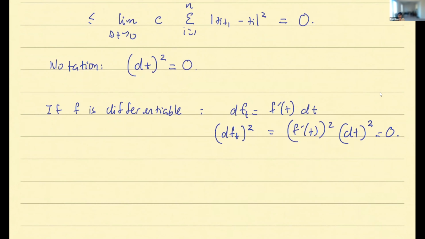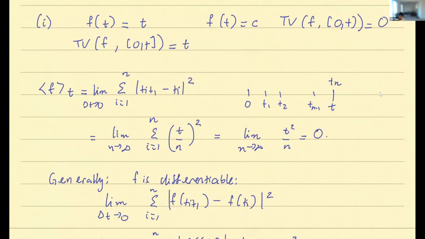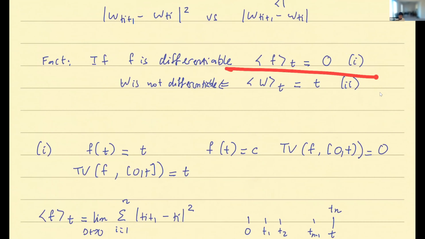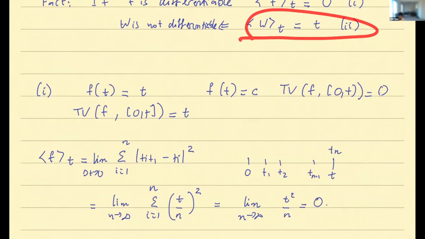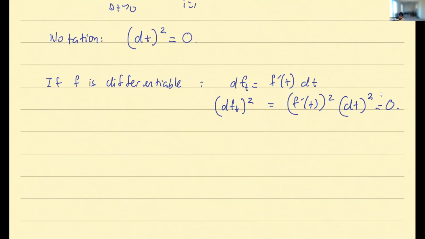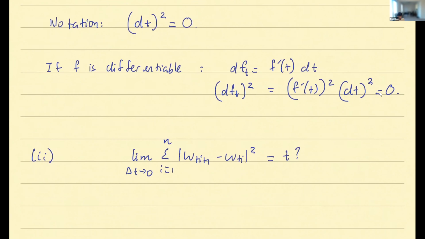All right. So that's fact 1. What about fact 2? So for 2, what we want is the limit as delta t goes to 0 of the sum of W_{t_{i+1}} minus W_{t_i} squared. And we want to somehow establish that it is t.